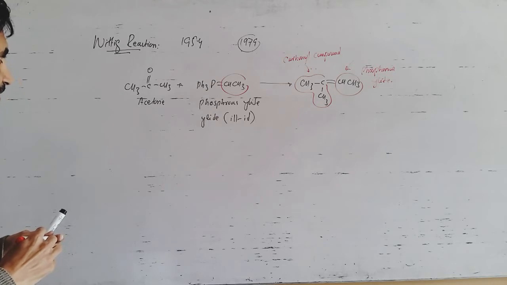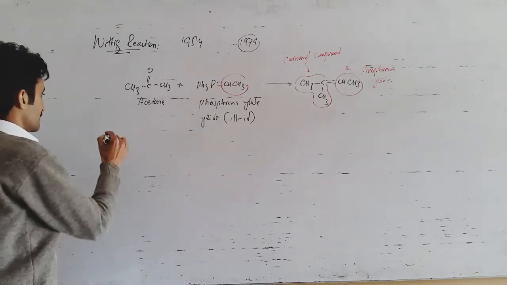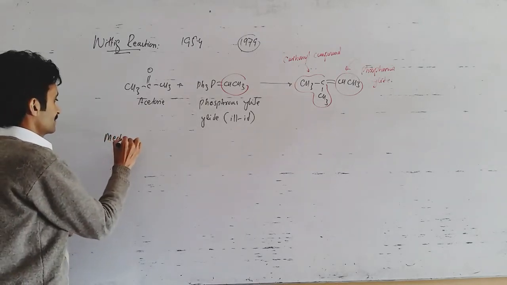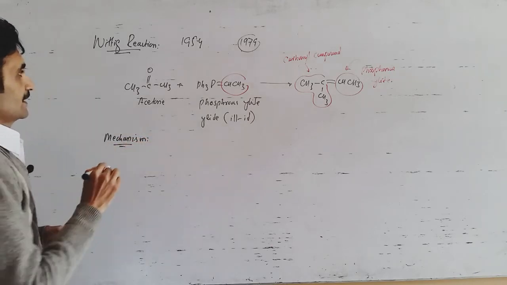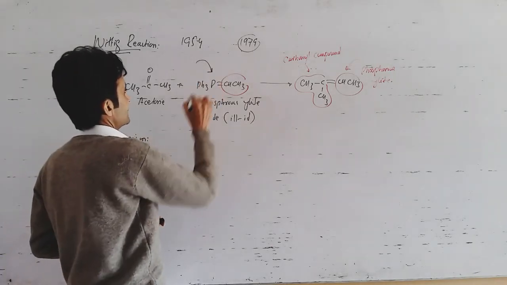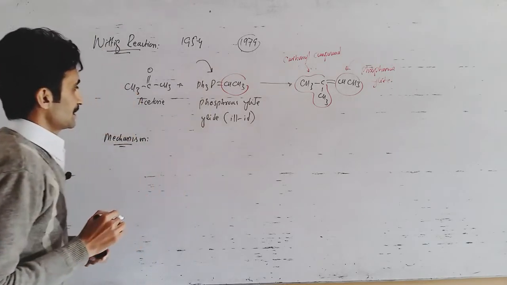Now, we will check its mechanism briefly, that is, what exactly happens in the Wittig reaction. First of all, this phosphorus ylide is prepared. How is it prepared?